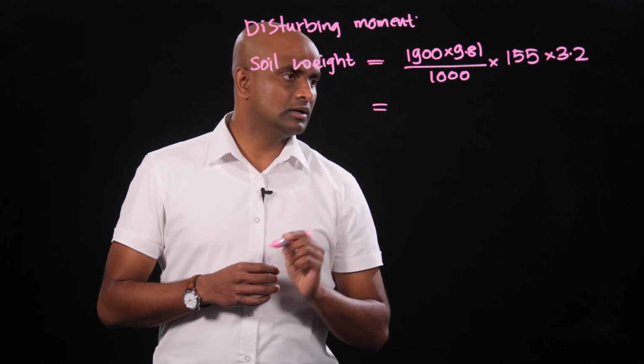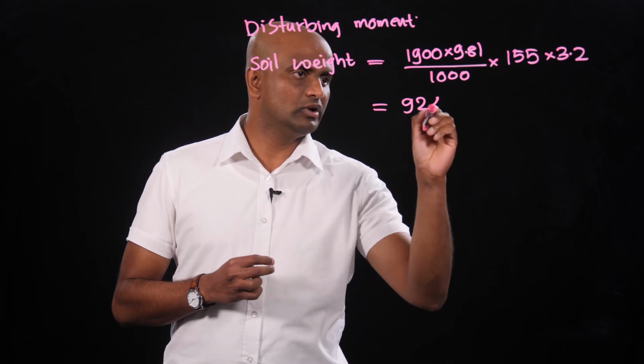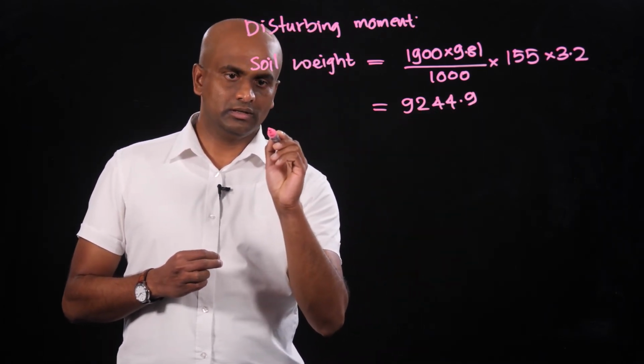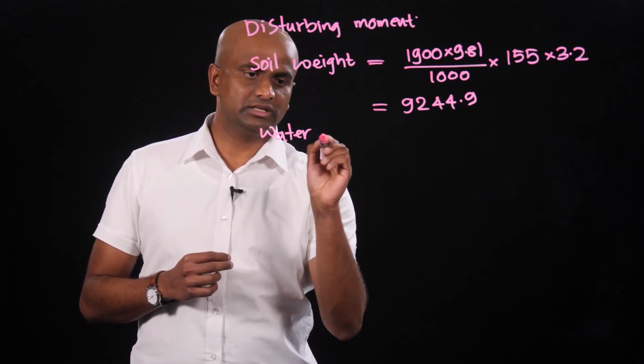So the only difference compared to the last part is that now we are going to use saturated unit weight instead of the submerged unit weight, considering the situation. So this moment will be 9244.9, and there will be another component coming from the water pressure in the tension crack.